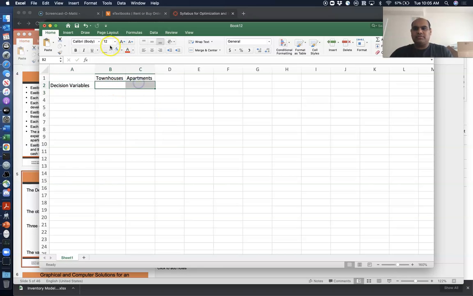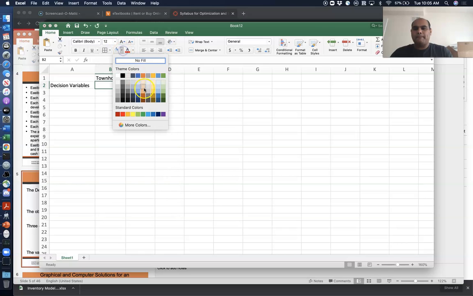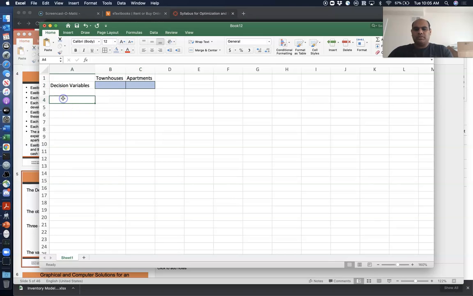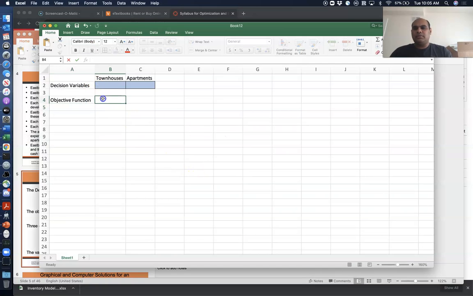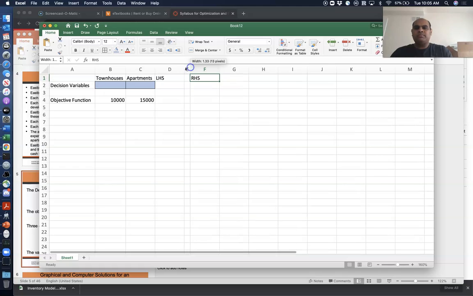So these are our decision variables right here. Objective. Now, the formulation in the textbook does everything in thousands of dollars. I'm just going to put it in dollars: $10,000 from townhouses and $15,000 from apartments. That's how much profit you make, of course. Let's not forget the left-hand side and the right-hand side of the constraints. Let's have those columns ready.